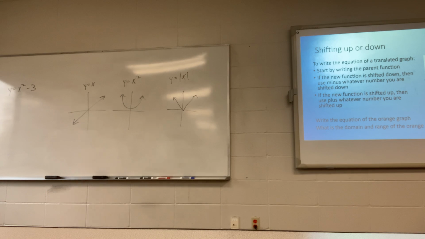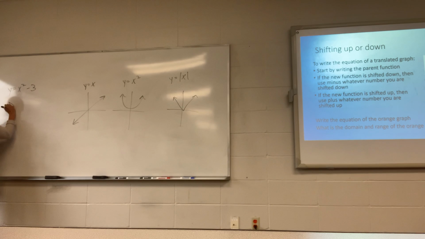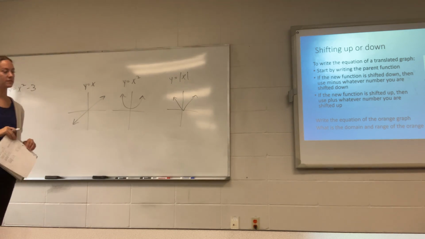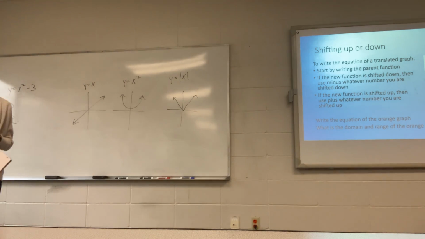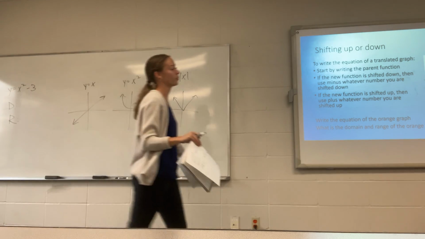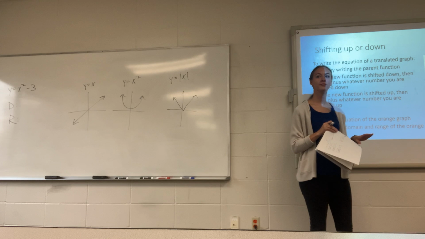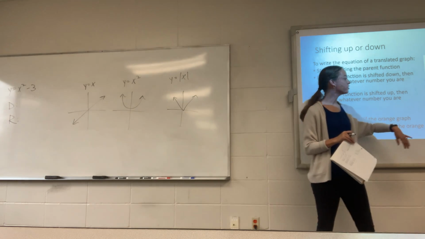And then it says, what is the domain and the range of this orange graph? So my domain, let's see, Cooper, what do you think my domain is gonna be? For the orange one. Okay, so where do I start?